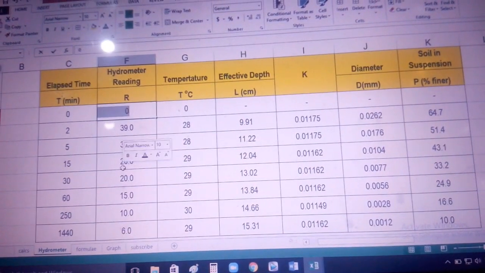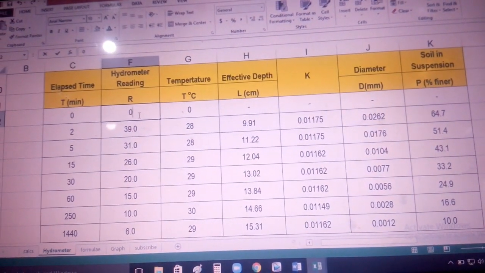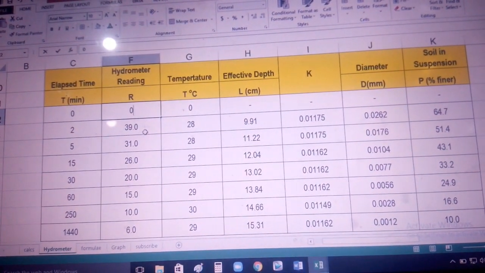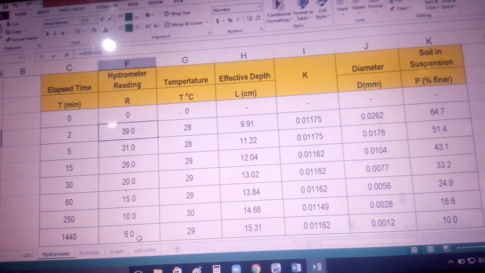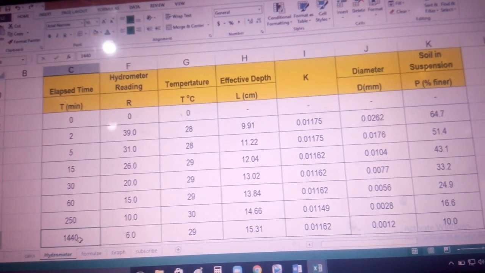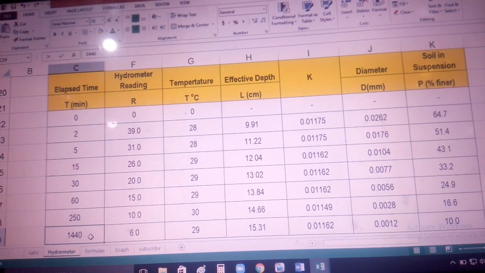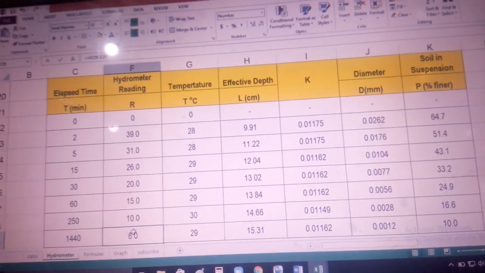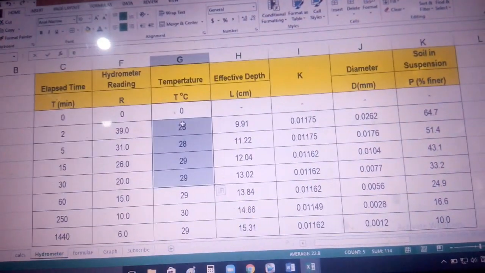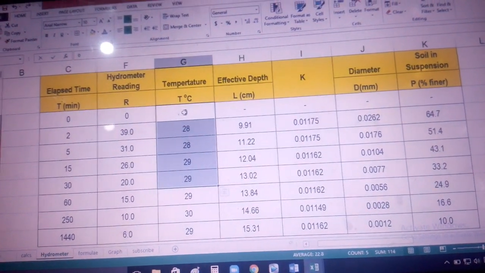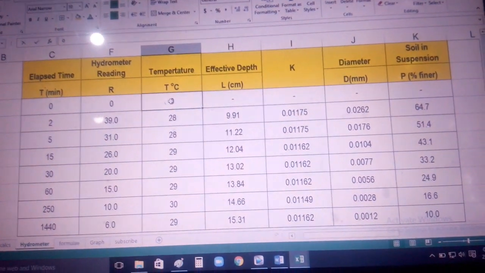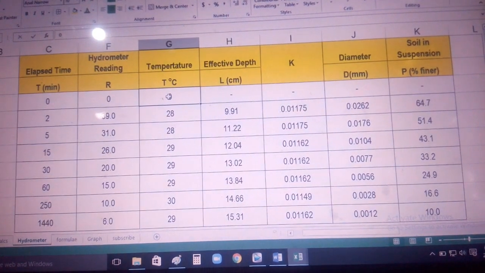So the corresponding hydrometer reading at t equal to 0 is 0, at t equal to 2 is 39, and at 1440 minutes, which is 24 hours, is 6. Now this is the row for the corresponding temperature, in which I will record the temperature at each and every moment.